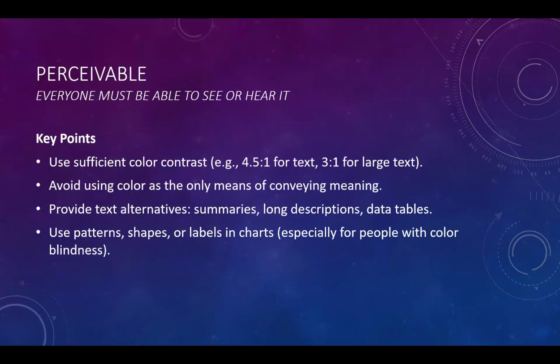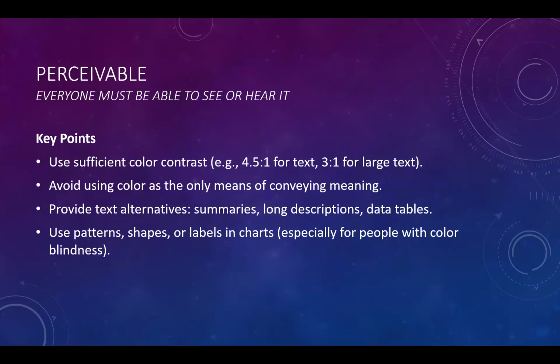So let's go ahead and explain each one of those core principles in detail and what they represent for people with disabilities. Next slide, please. So the first core principle is perceivable. That means that users must be able to perceive the information being presented. It cannot be invisible to all of their senses, okay?